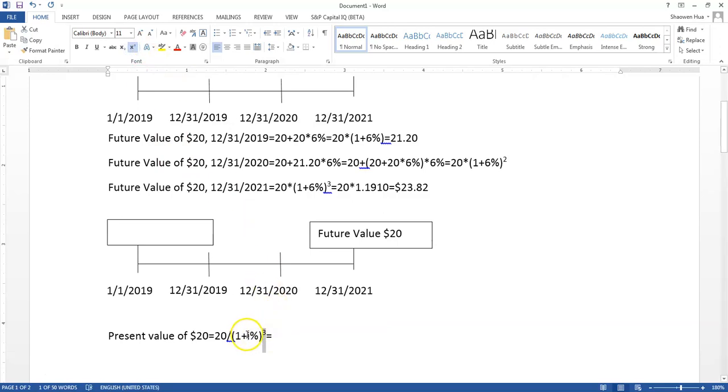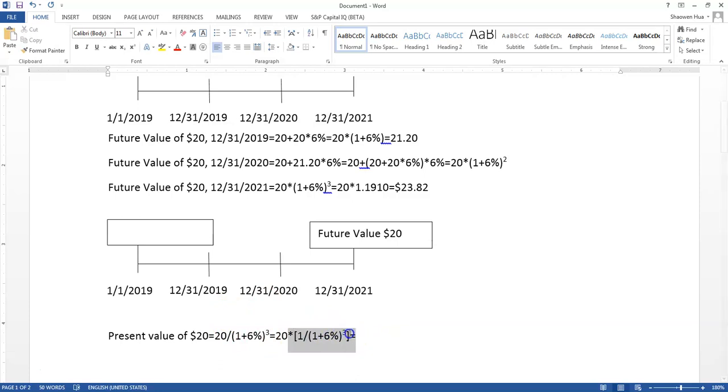If we continue to use 6% interest rate, we can rewrite the formula this way: 20 multiplied by a division, 1 over 1 plus 6% to the power of 3. Again, this can be found in the table.